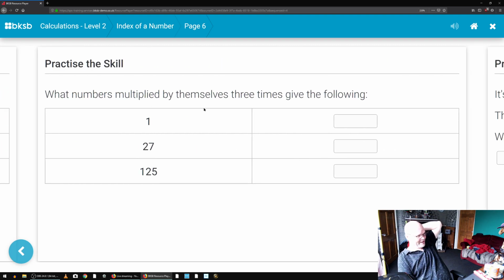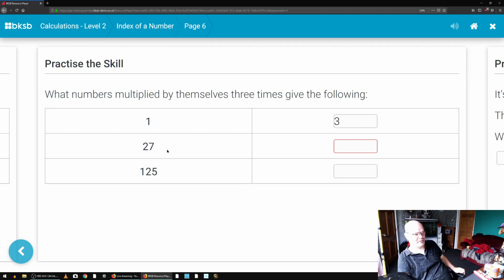Right, what numbers are multiplied by themselves 3 times to give the following? Well, 3 lots of 1. Well, 3. 7.